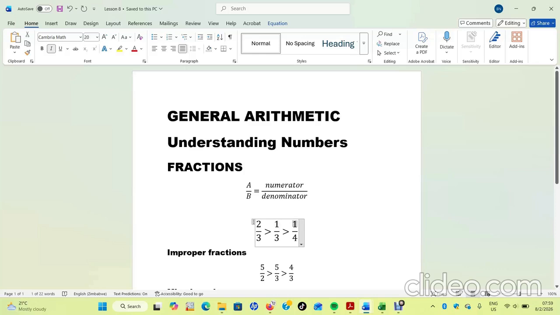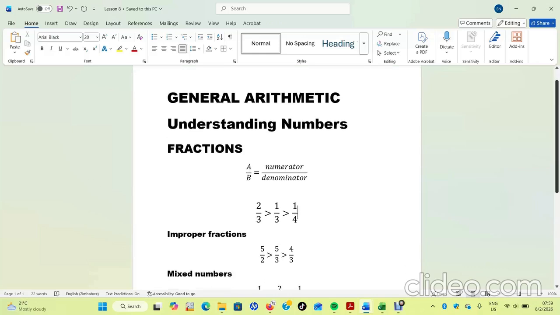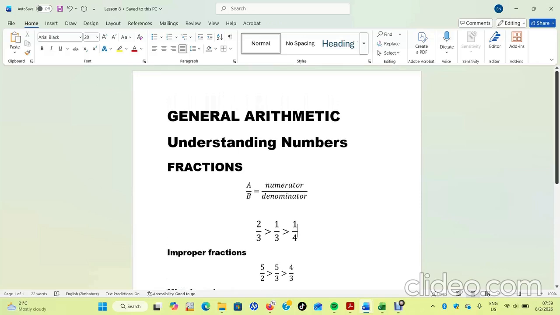But now if they share the same numerator but different denominators, like comparing 1/3 and 1/4, 1/4 is 1 over 4, you will notice that 1/3 is actually larger than 1/4, just because the denominator in 1/4 is larger. You can check that by calculator.